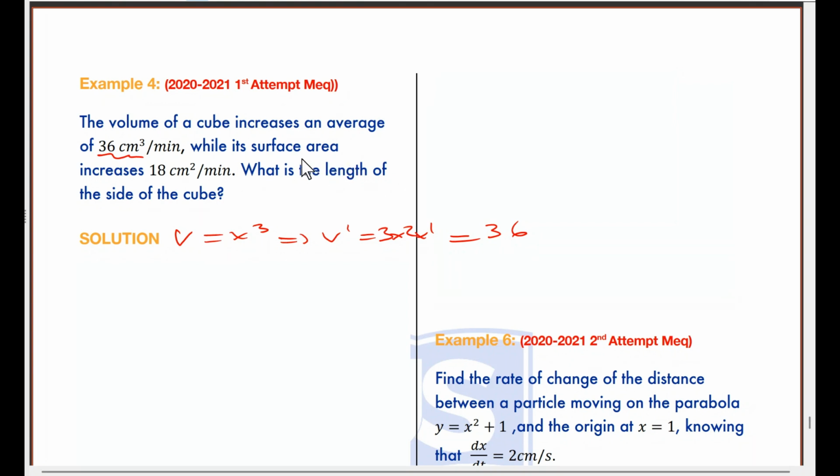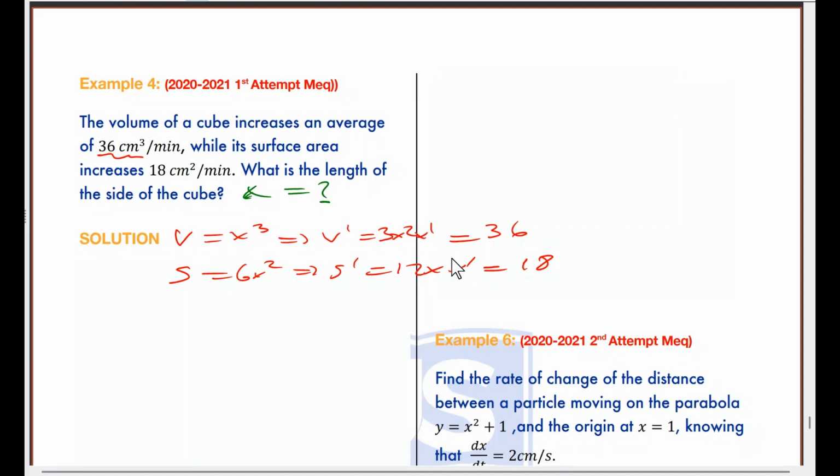So the derivative of surface area is also given. Its surface area increases means derivative of surface area. Surface area was, as in the previous question, 6x squared. Take its derivative. It is 12x x prime, which is also given as 18. What is the length of side of the cube? So we are asked to find x.